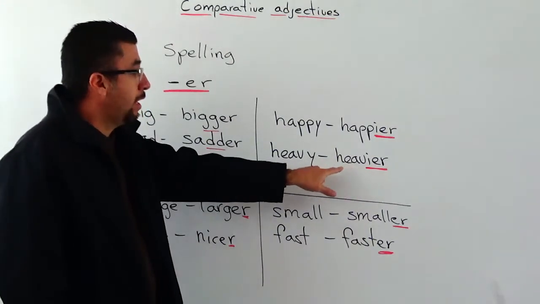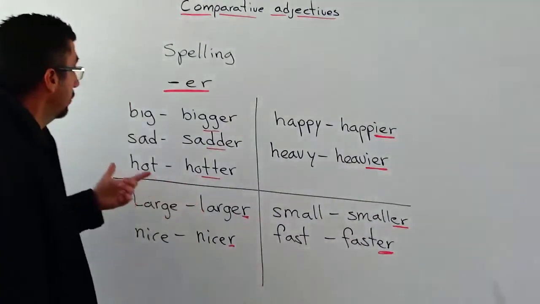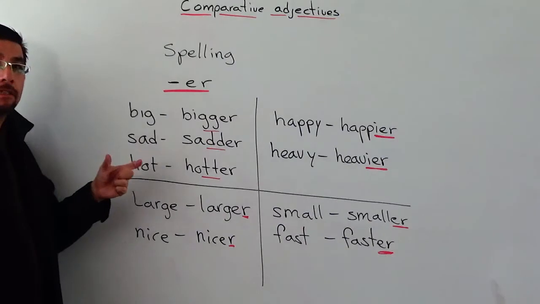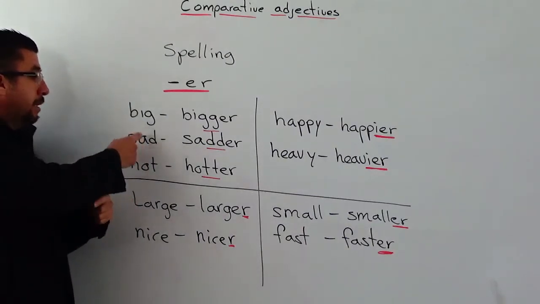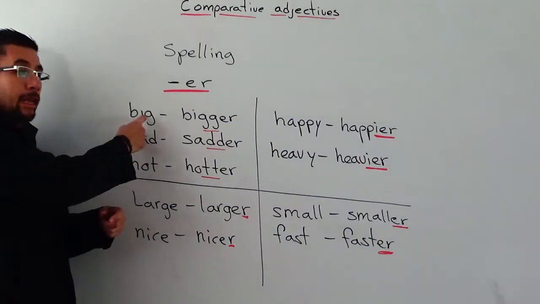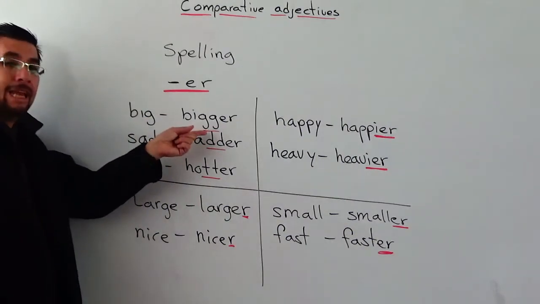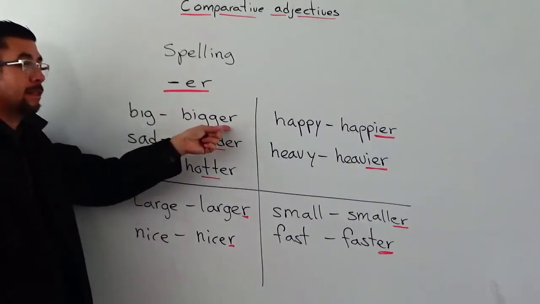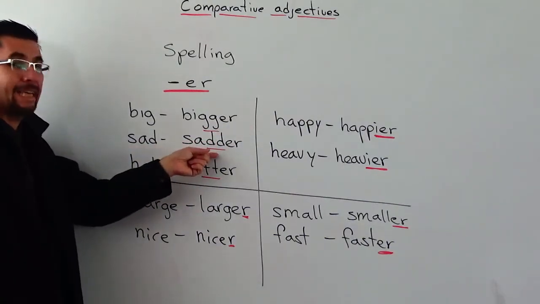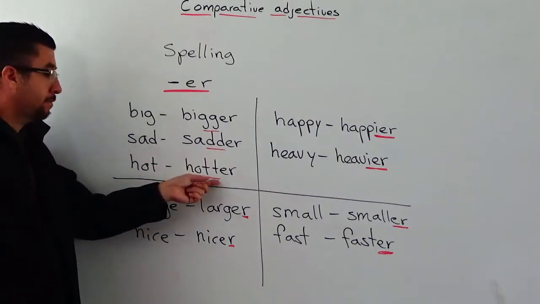Another rule is when we have these adjectives that are like big, sad, or hot, that we have a vowel and then a consonant. In this case, we double the last consonant and we add er. Sad, sadder, we double the D. Hot, hotter, we double the T.